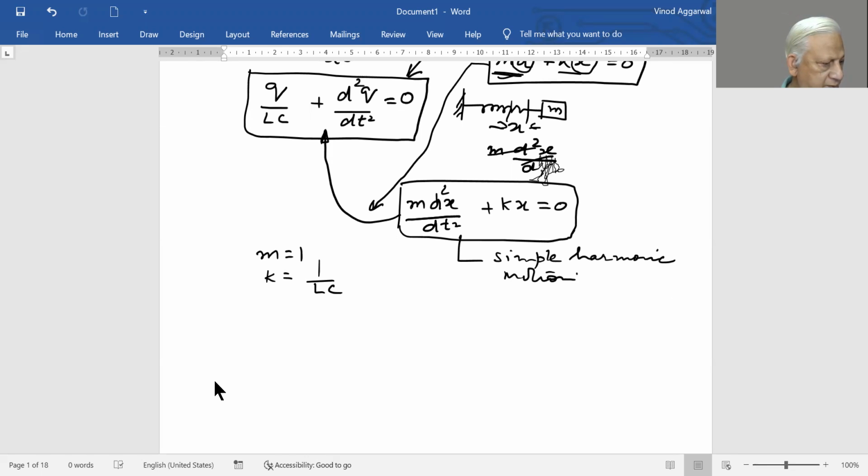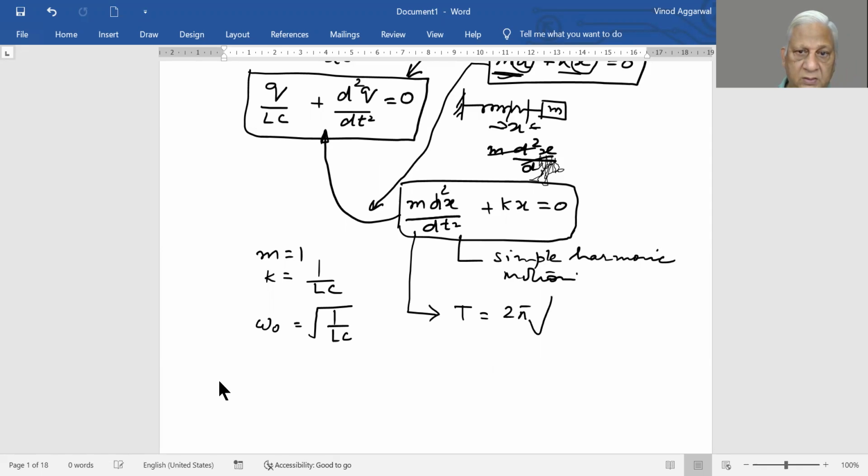So we resolve this. For this equation, we know time period is given as 2 pi root m by k, or omega is given as root k by m.